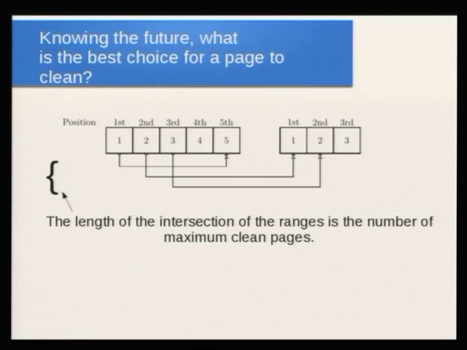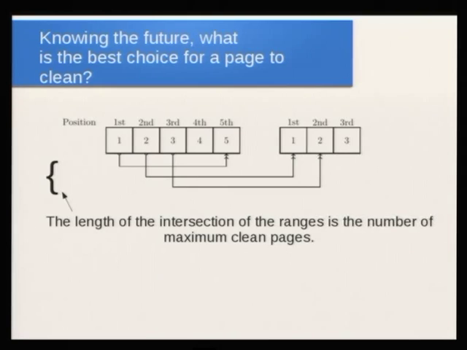So if you think that this arrow represents the length of time that a page is clean, then by cleaning several pages in sequence, you increase the number of pages that are clean at the same time. So you want that, and that represents the threshold in QEMU.